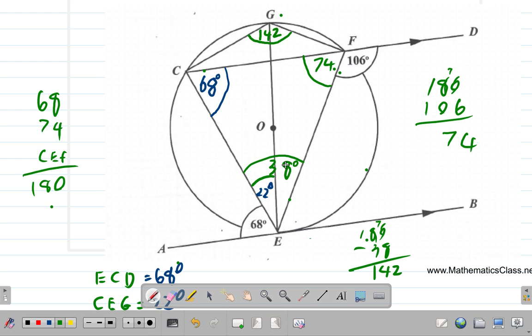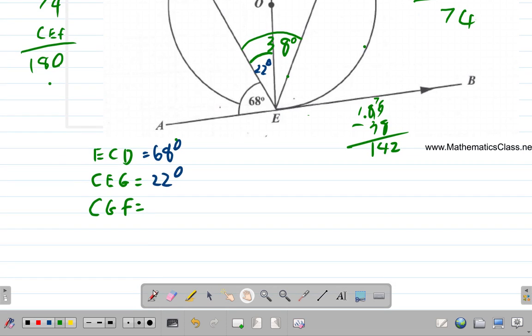And then the angles lying on a chord in the alternate segment at the circumference add up to 180. So 180 minus the 38 gives you the 142. So angle CGF is 142 degrees, right?